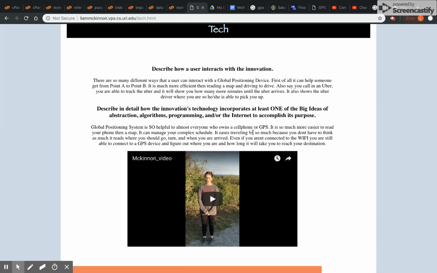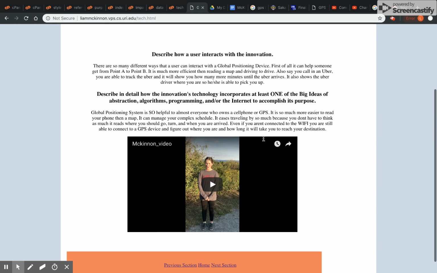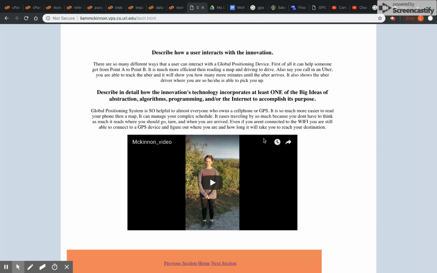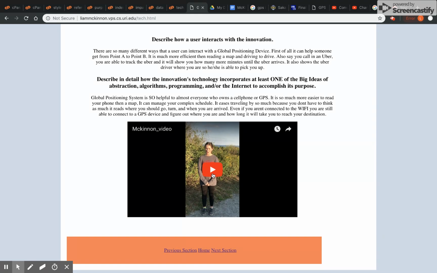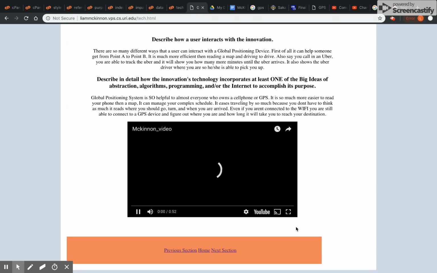It eases traveling by so much because you don't have to think as much and read where you go. And it reads where you turn, go, and when you're supposed to arrive. Even if you aren't connected to the Wi-Fi, you're still able to connect to a GPS device. Here's my video and a little bit on background of GPS.